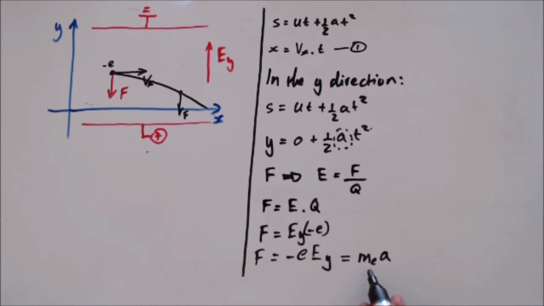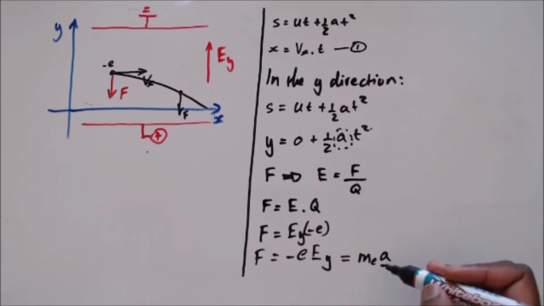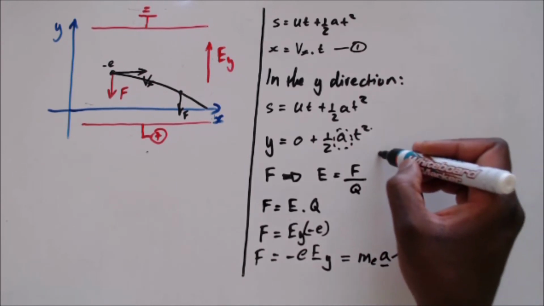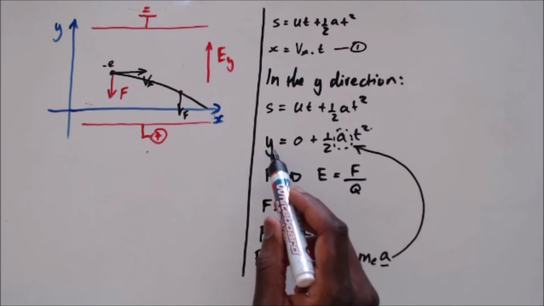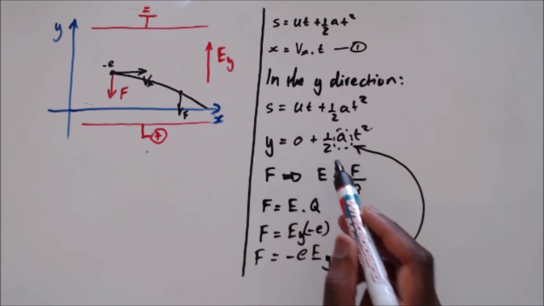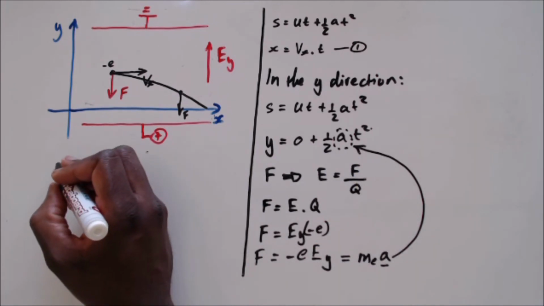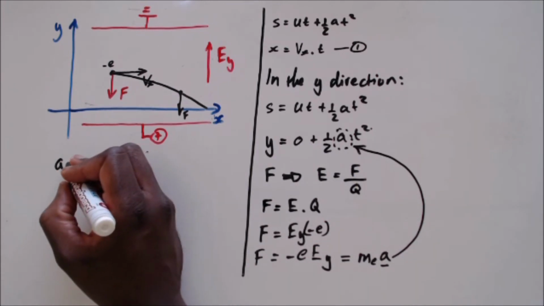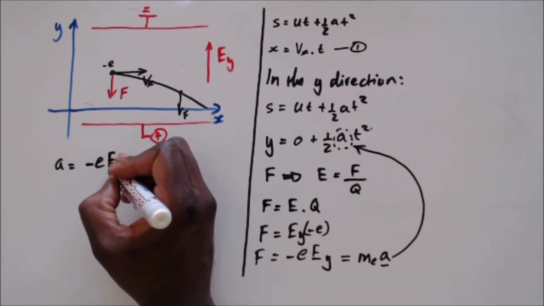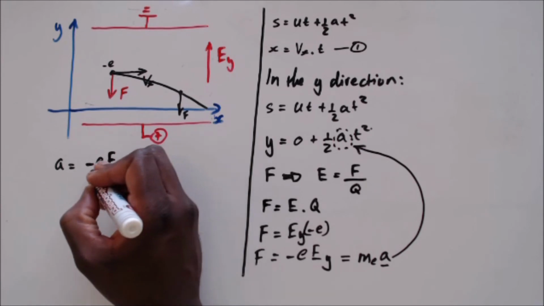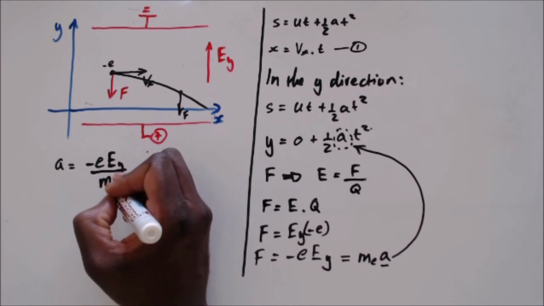We can rewrite this equation with the acceleration being the subject, because remember, we want to put this acceleration into that equation so that we can calculate the trajectory, that's the position at a later time in the y direction. So this gives us that our acceleration is equal to minus e multiplied by the electric field Ey divided by the mass of the electron.